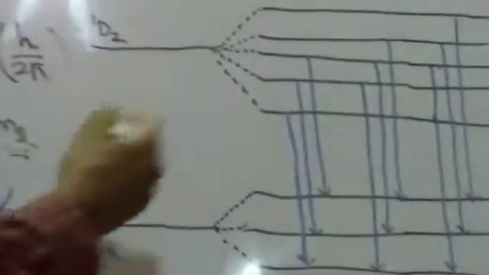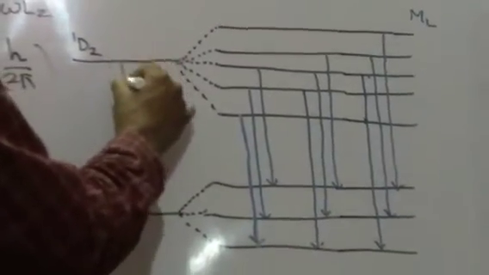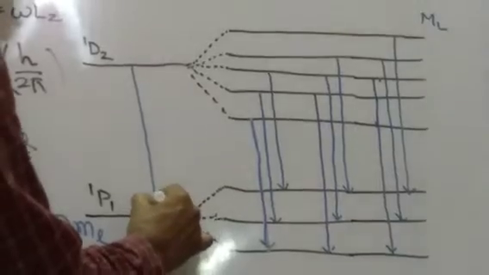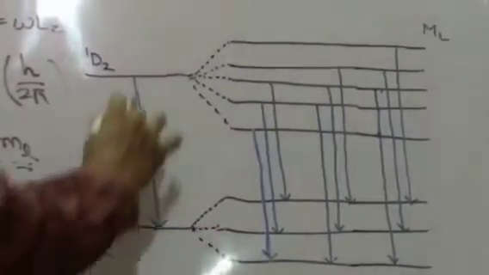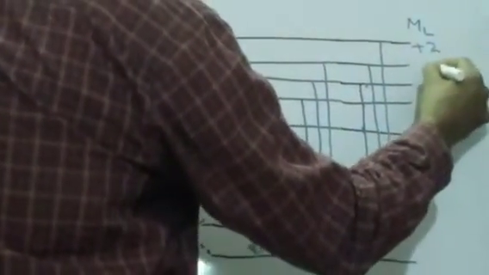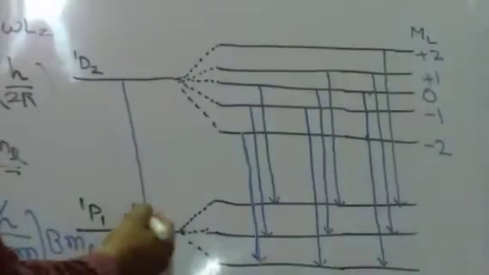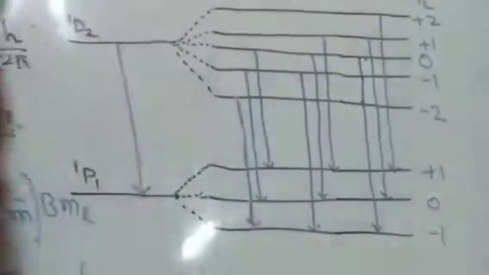Here I am showing you the transition between the 1D2 state and the 1P1 state. Without applying a magnetic field, there will be a single transition. When you apply a magnetic field, the ml values split into plus 2, plus 1, 0, minus 1, minus 2. Similarly, this is plus 1, 0, and minus 1.